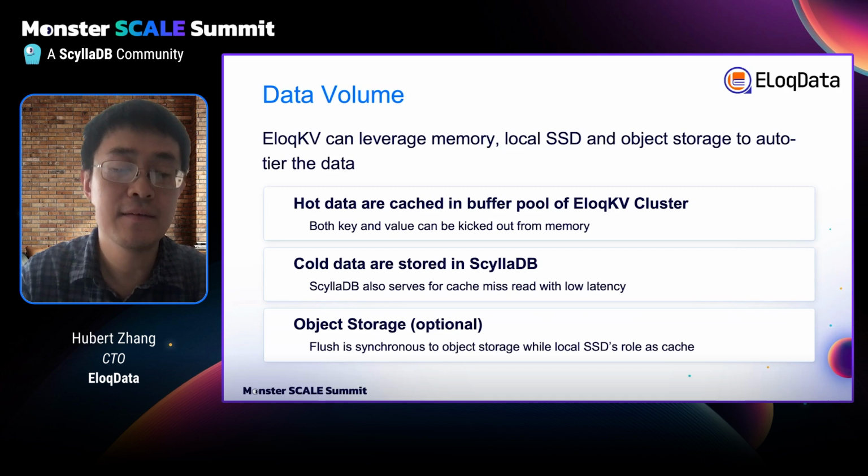Cold data is stored in ScyllaDB, which serves the cache-miss read. EloqKV can also use object storage to store cold data. In this setting, the local SSD becomes a cache of the object storage.